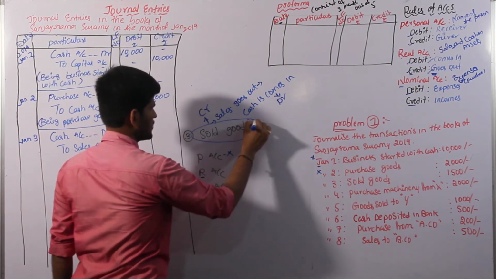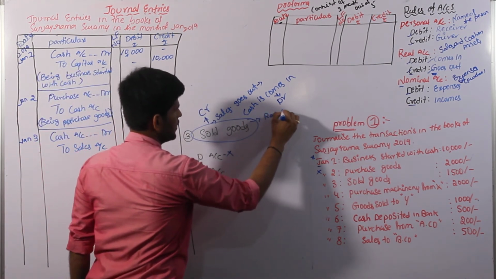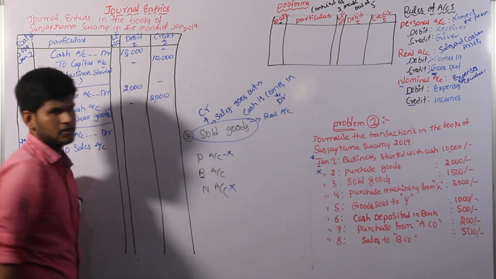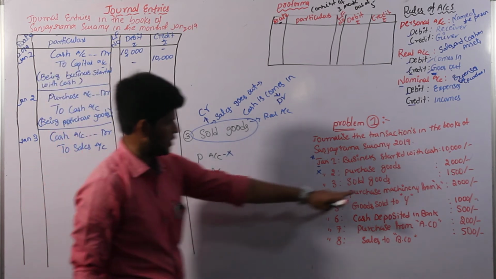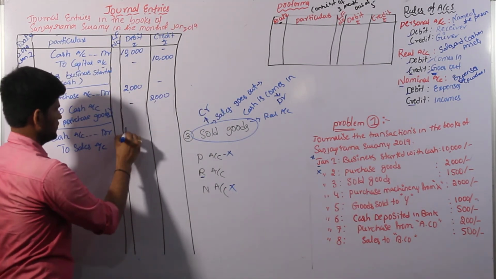This whole transaction relates only to real account, so the nominal account is also completed. Then enter the amount. The transaction amount is 1500.